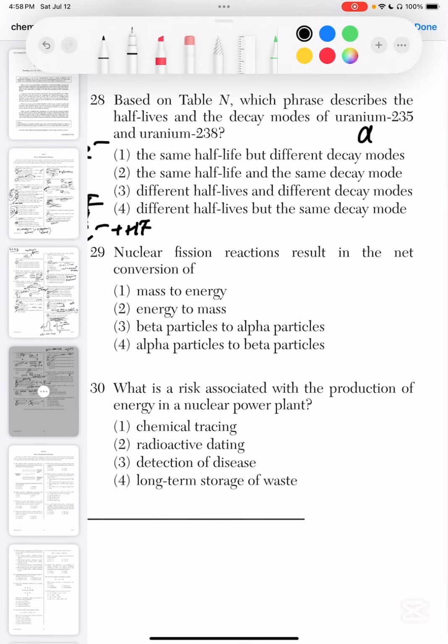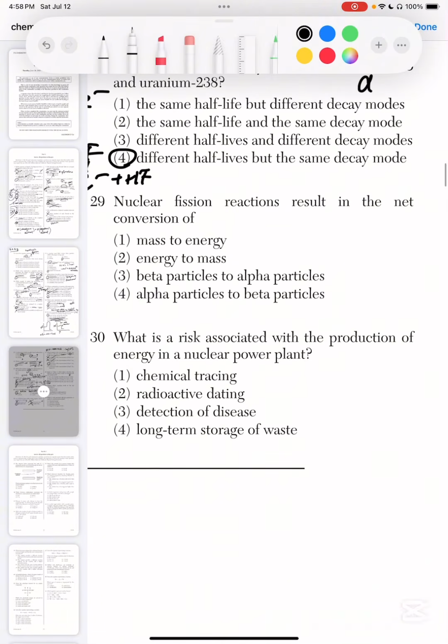Okay, so this would be 4. I don't know if it's possible for two different radioisotopes to have the same half-life. That sounds pretty interesting. I'll maybe search that up afterwards. I feel like that's really unlikely. I don't think that's possible for two different radioisotopes to have the same half-life.